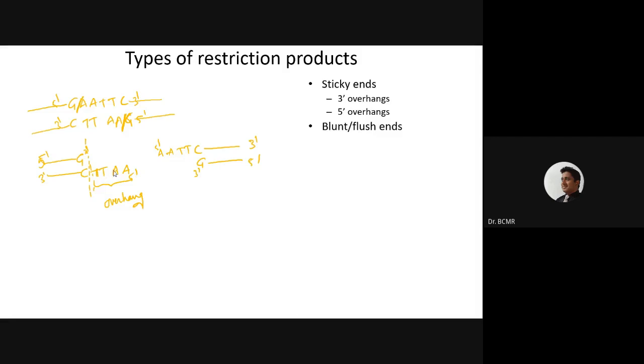So you refer to it as overhang. They're also called sticky ends. We will see more about it later. They're called sticky ends because this T can base pair with this one, and they're absolutely complementary regions.